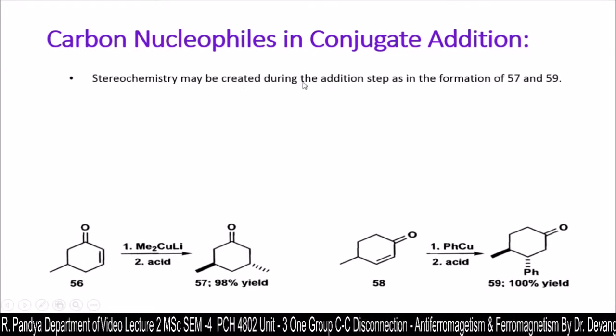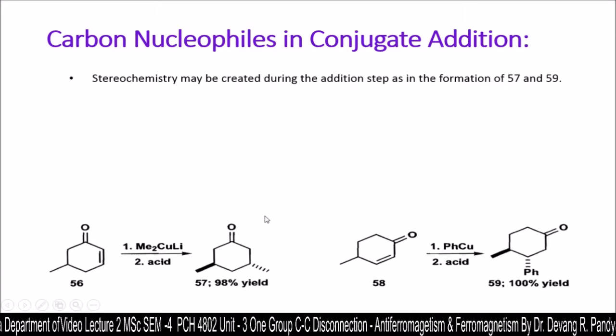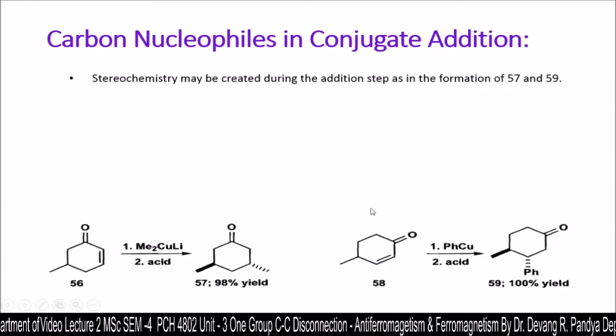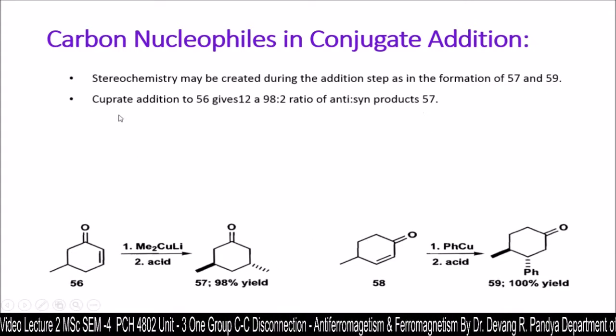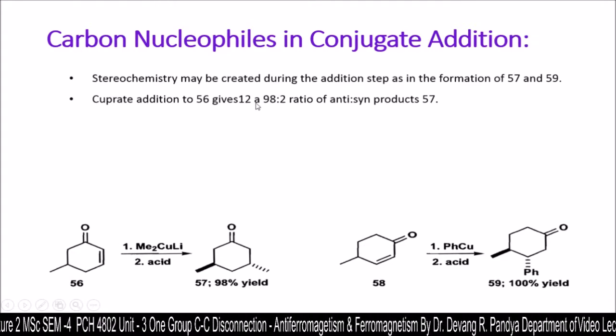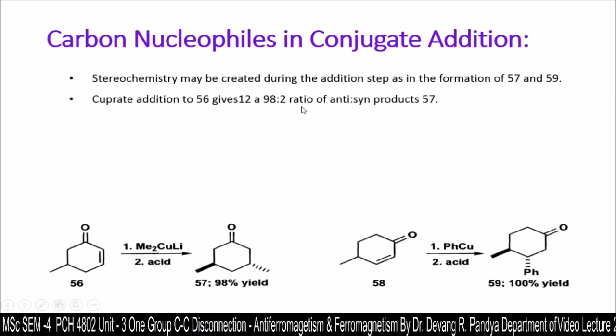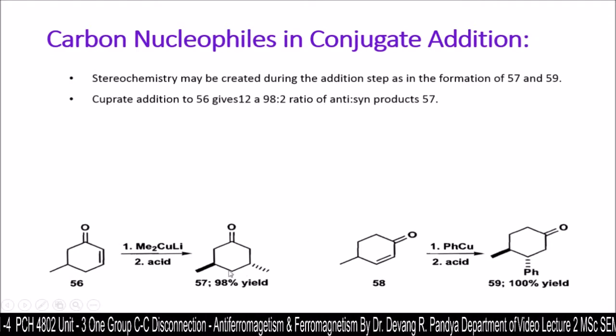Stereochemistry may be created during an addition step, as in the formation of 57, 98% yield, and 59, 100% yield. Cuprate addition to 56 gives 12, a 98 to 2 ratio of anti to syn products 57.